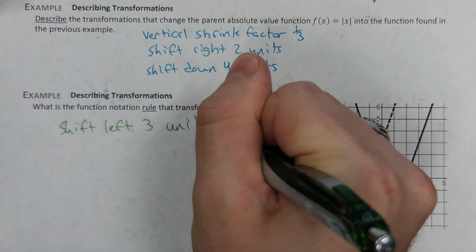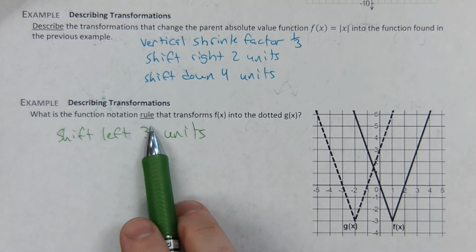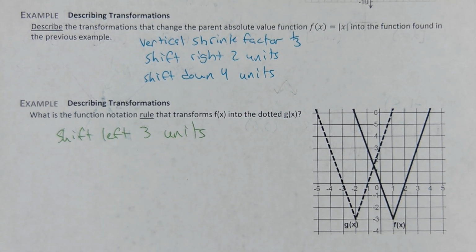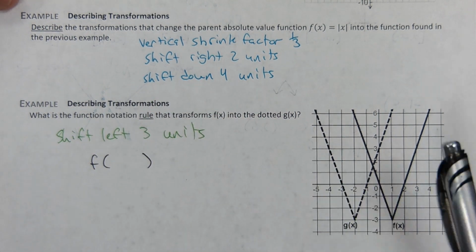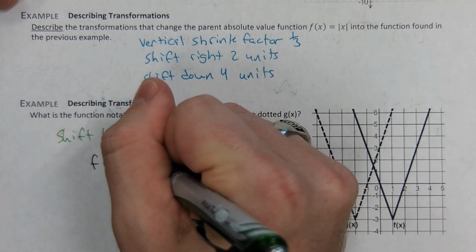And is there someone then that would be brave enough to write me the rule that says shift left 3 units, the function notation rule? I'm trying to get new people. Barry? The f of x plus 3 in parentheses is exactly what it would be.